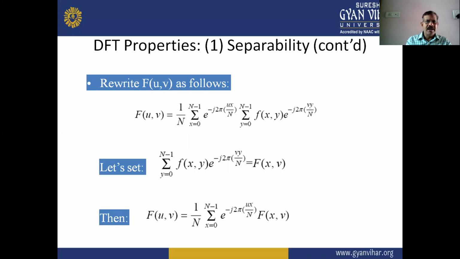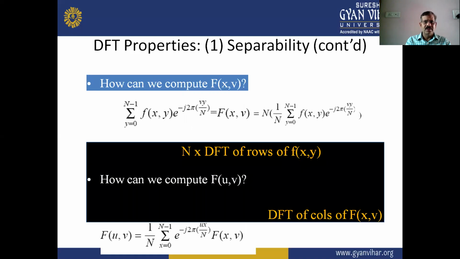And rewrite F(u,v) as follows: we find F(u,v) equals 1 upon n, summation of x equal to 0 to n minus 1, e to the power minus j2 pi ux upon n, into F(x,v).